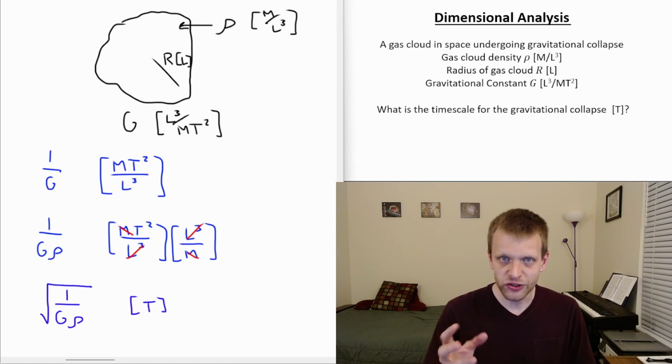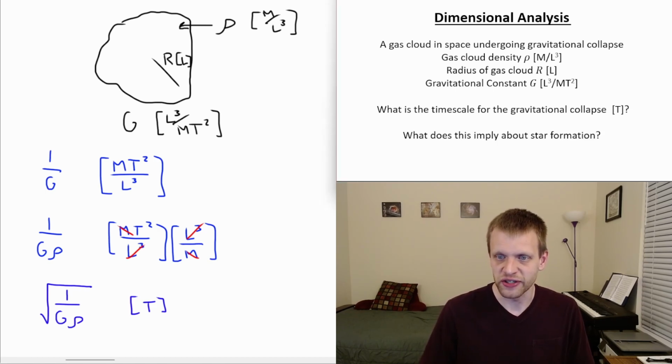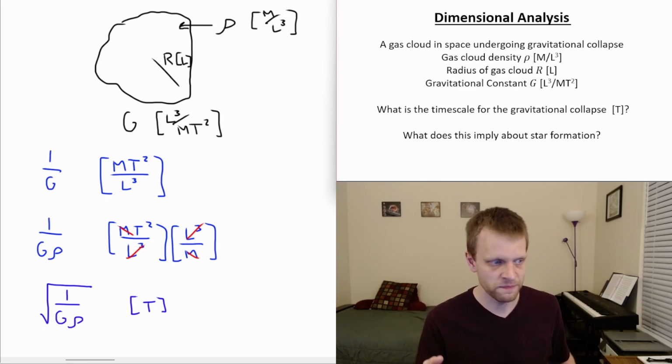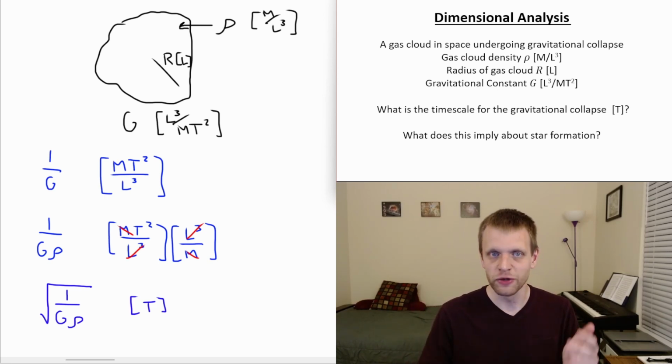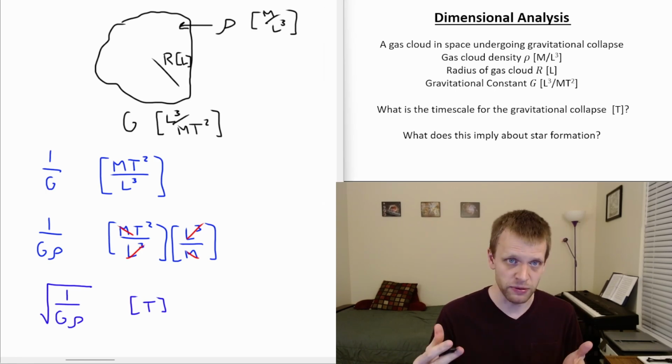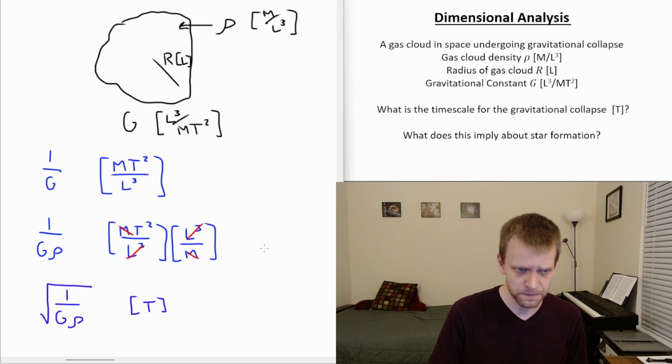But even just with this, we can do some interesting stuff in figuring out what this implies about star formation. This is going to be a little bit of an astronomy aside, but I think it's an interesting application of this dimensional analysis.